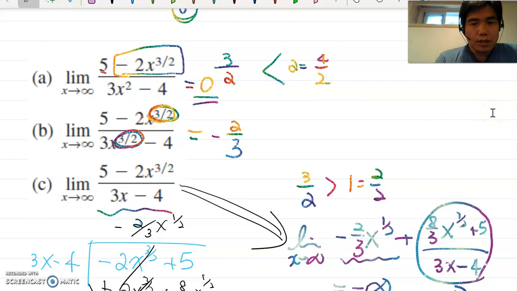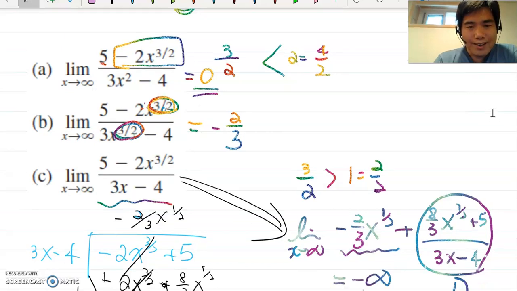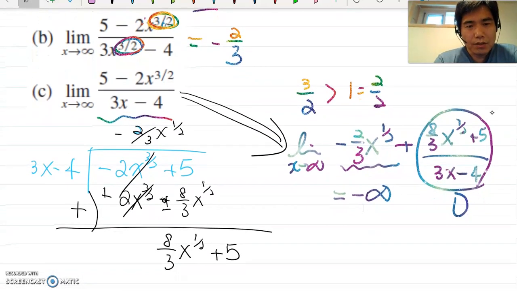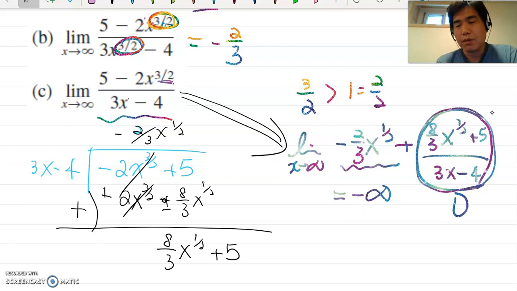If the degrees of numerator and denominator are equal to each other, then take the ratio of their coefficients. But in the last case, if the numerator degree is bigger than the denominator's, then you need to do a division and find the function that represents the limit value, and the fractional part always becomes 0. Okay, that's the infinite limit theory. All right, thank you.